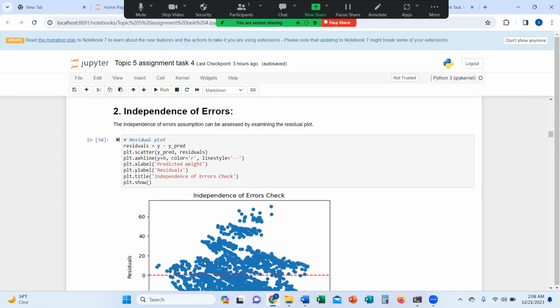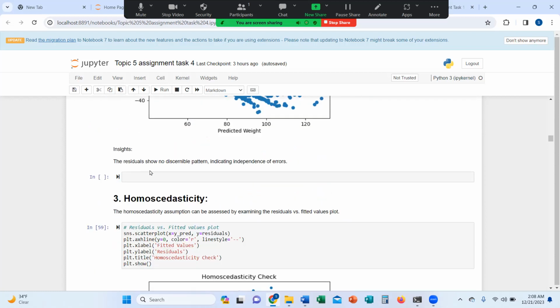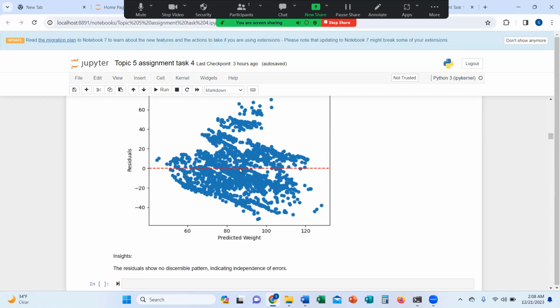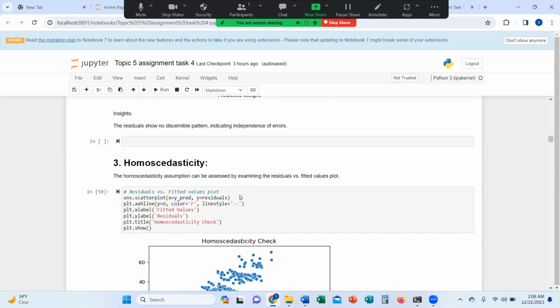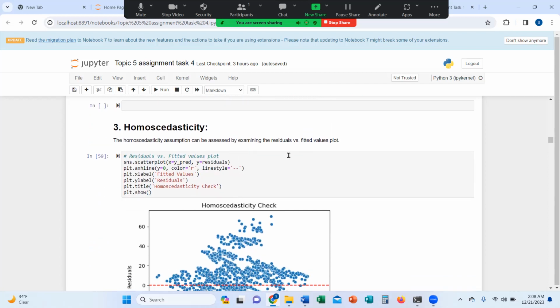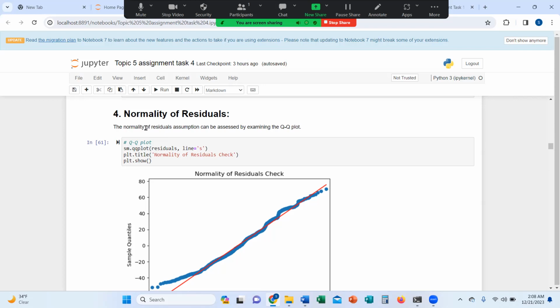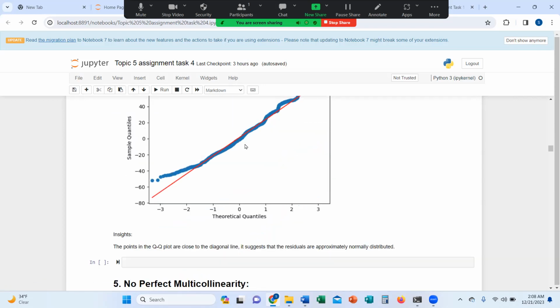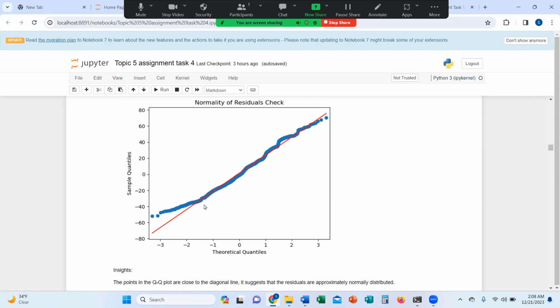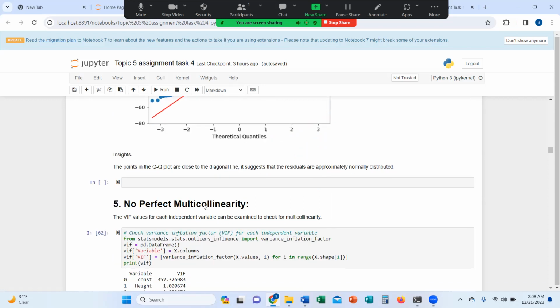I did a residual plot here, and it shows not much here. And for homoscedasticity, this is my plot, and it's fairly constant. For normality of residuals, I did the QQ plot. It followed the line closely.